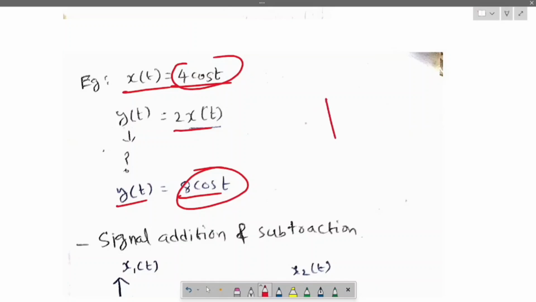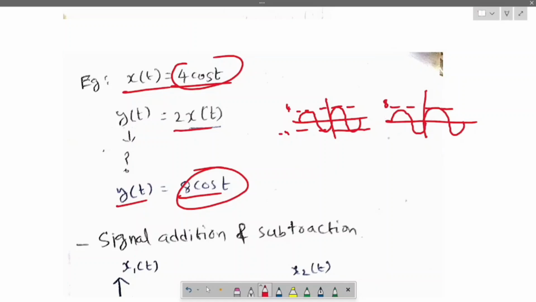If the graph is plotted lying between 4 and minus 4, then the scaled version is the same graph, but from 8 to minus 8. This is how the amplitude scaling will be.